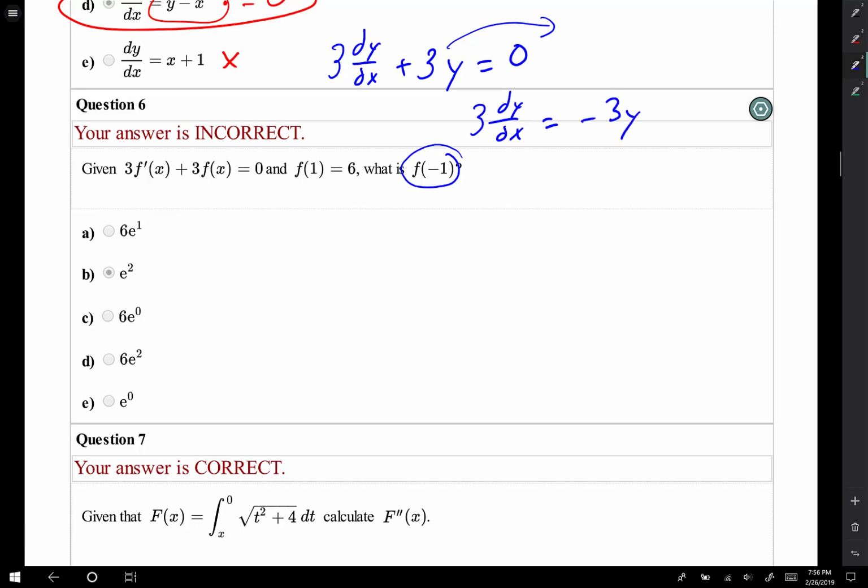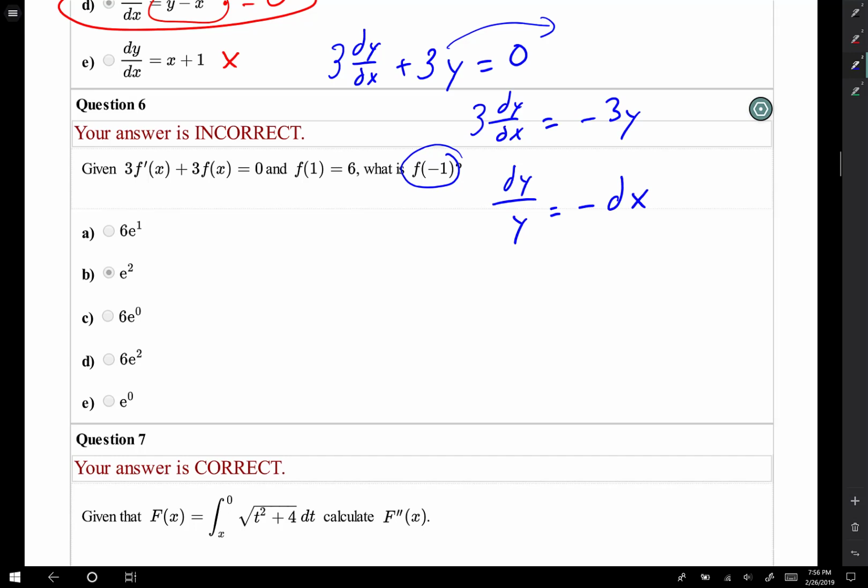I'm going to move this y to the left and that 3 to the right. So dy over y equals negative 3 divided by 3, which is negative 1, times dx.